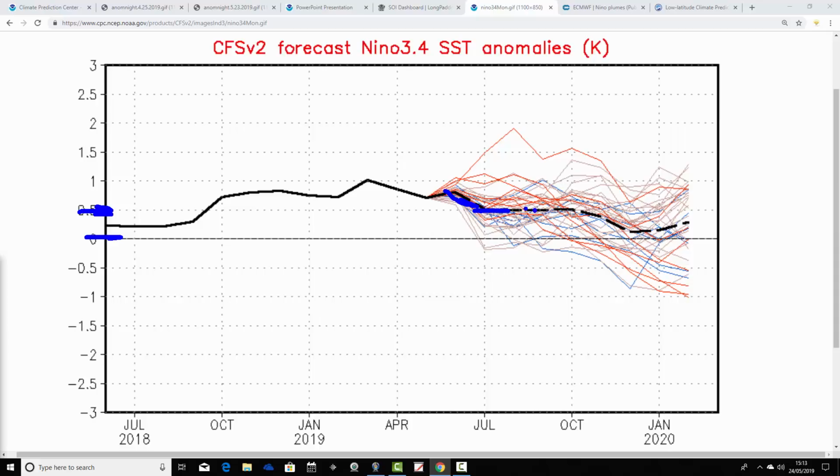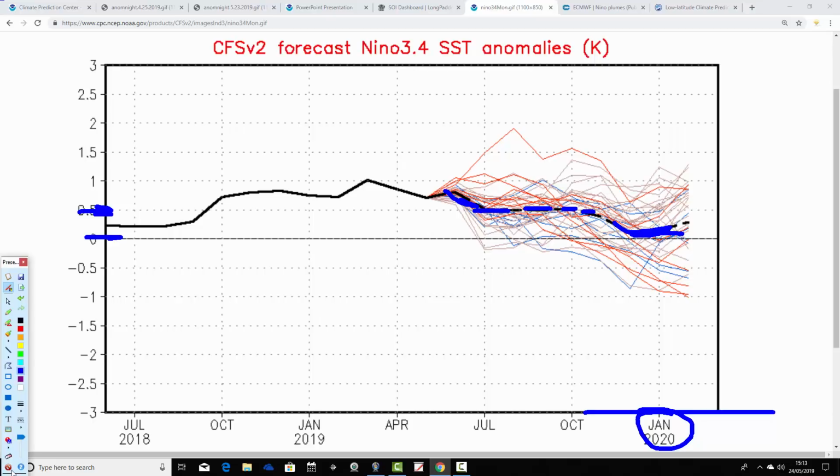And from the black dash line, we see that CFS V2 is forecasting us to stay on that knife edge between ENSO neutral, albeit on the warm side, and El Nino. Eventually, by the time we get through to the end of the year, that's January 2020, CFS V2 is definitively taking it back to ENSO neutral.